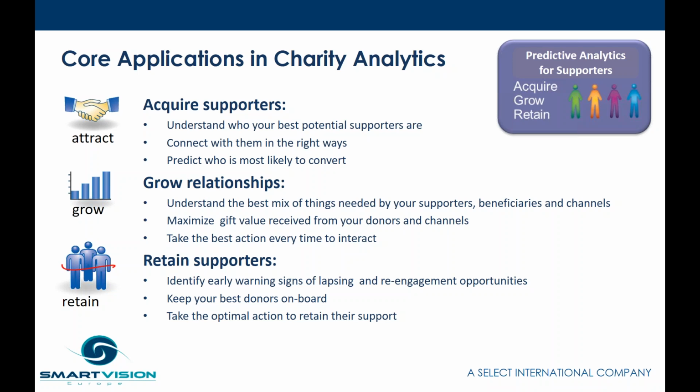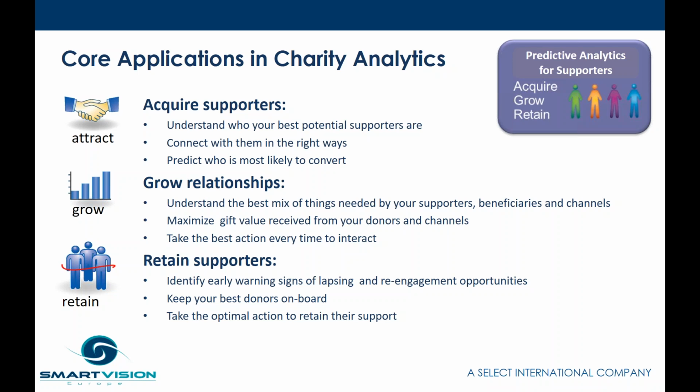And this is a classic area within predictive analytics, predicting who is likely to churn, who is likely to stop donating, so that you can interact with them in advance of that occurring, and hopefully persuade them to remain with you. Now, with something like charities, it's critically important to do that, but that interaction may have a cost associated with it.